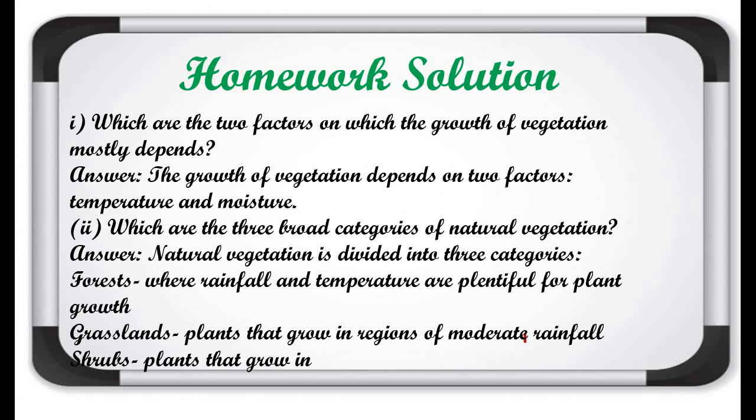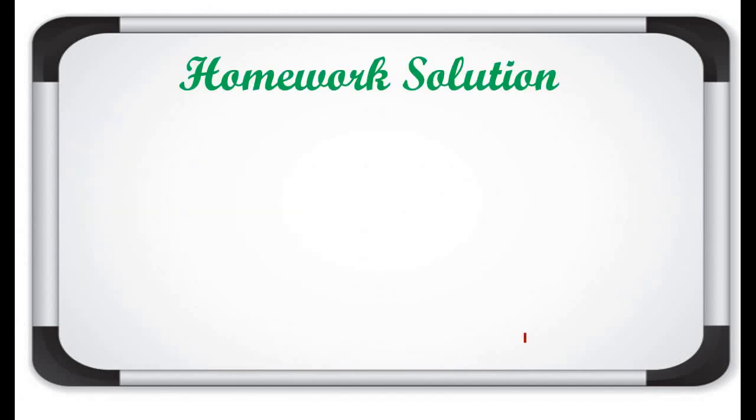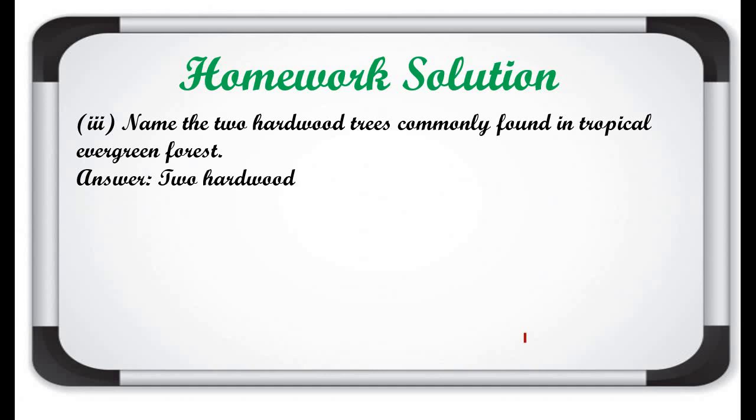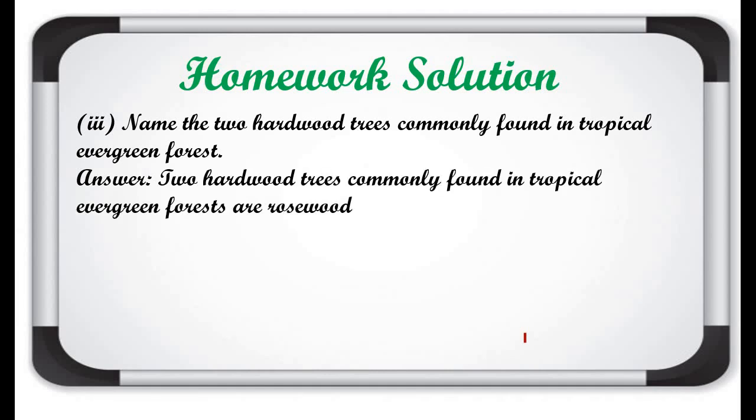And third, shrubs, plants that grow in dry regions. Understood? Now the third part: name the 2 hardwood trees commonly found in tropical evergreen forest. The answer is rosewood and mahogany.